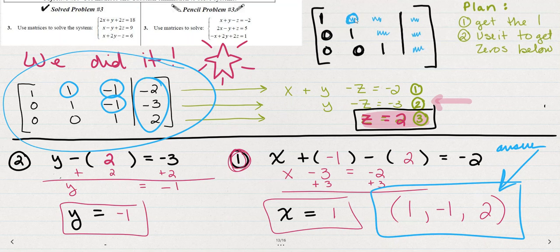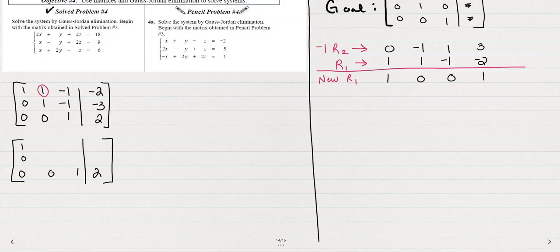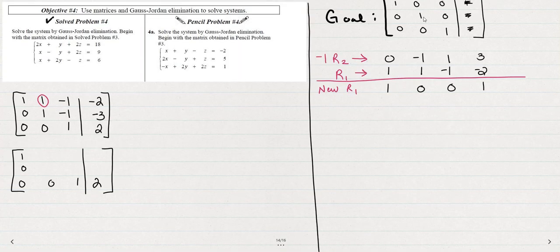So if we went a little bit further and made these zeros, our new goal would become 1's in the diagonal, 0 everywhere else except for the 3 constants at the end. If we did that, this is called Gauss-Jordan elimination. We're going to have an end result matrix that gives us the whole solution right there.